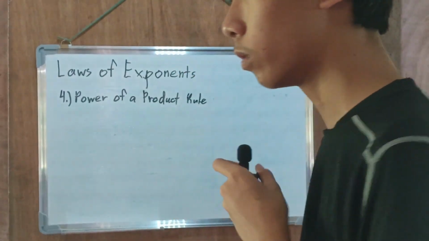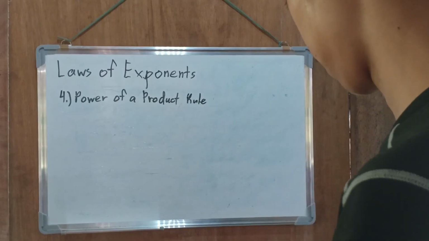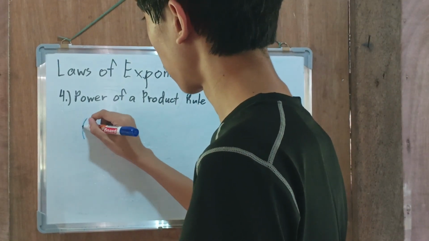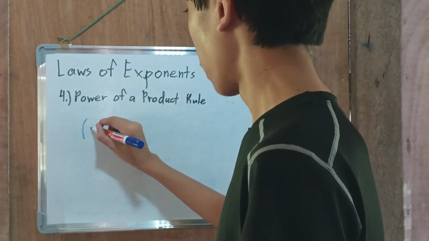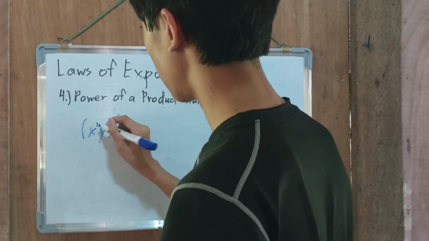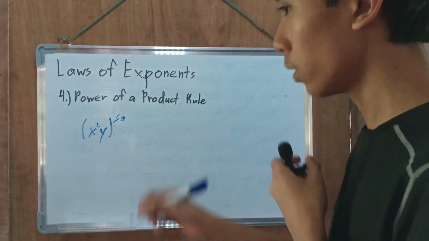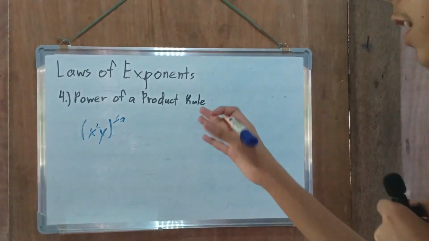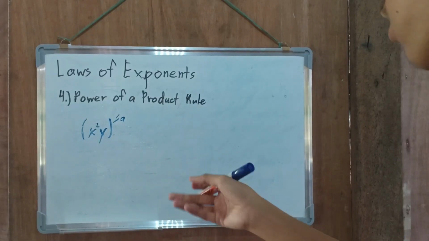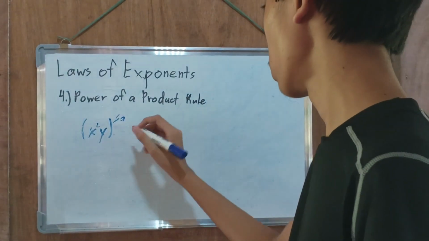Now, what if we have xy raised to, I'm just going to add the second power. So if a variable has a coefficient greater than 1, you need to multiply it too.